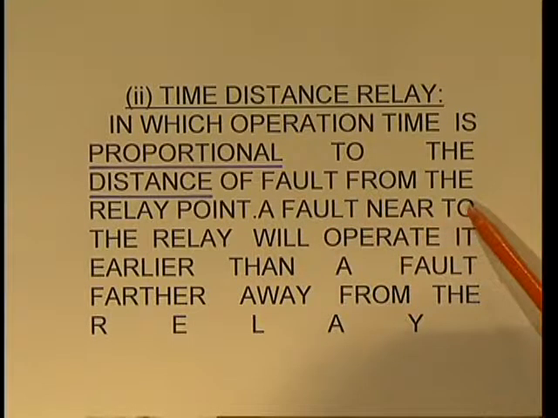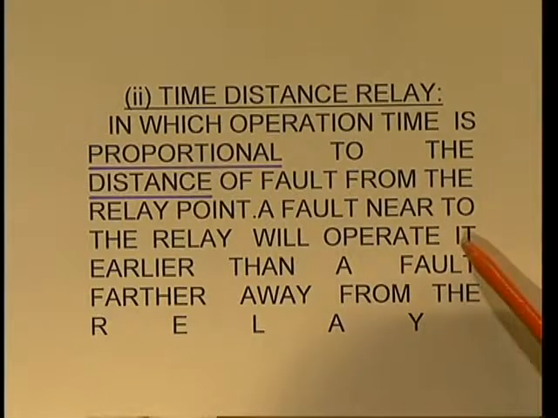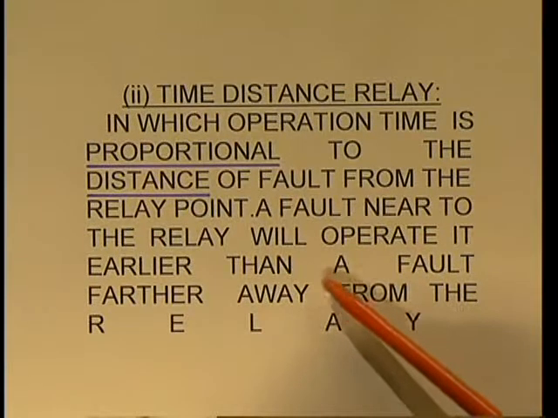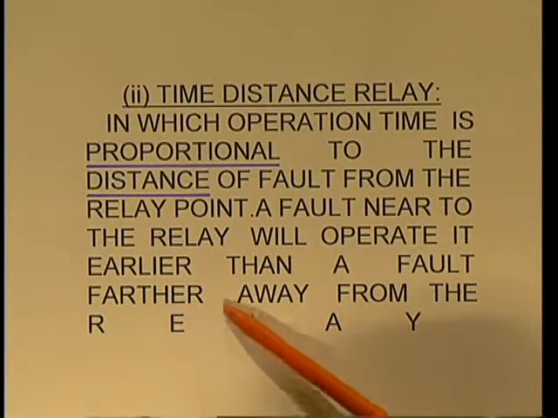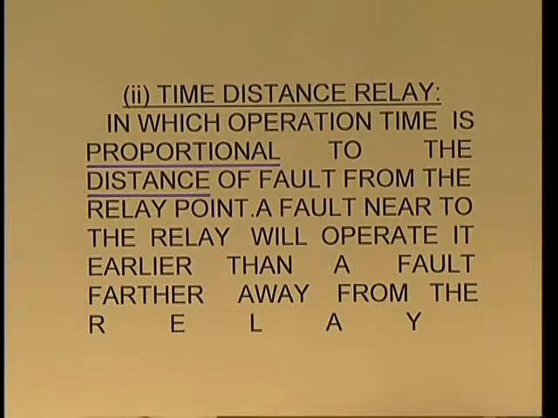A fault nearer to the relay will operate it earlier than a fault farther away from the relay. So this is the second category of the distance or impedance relay. You see the first type of relay is like this.